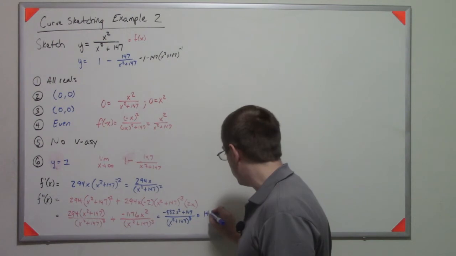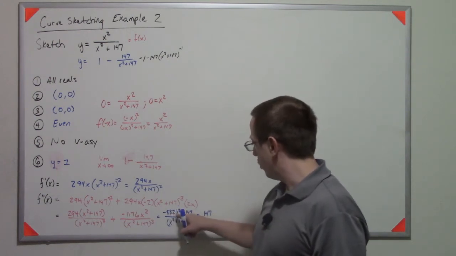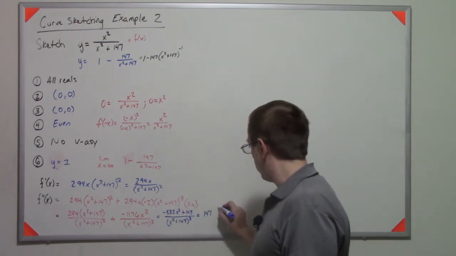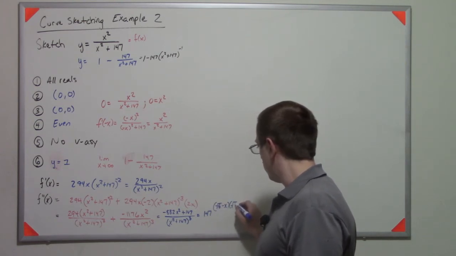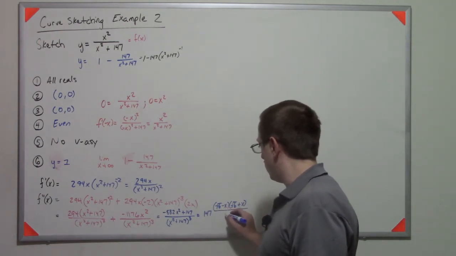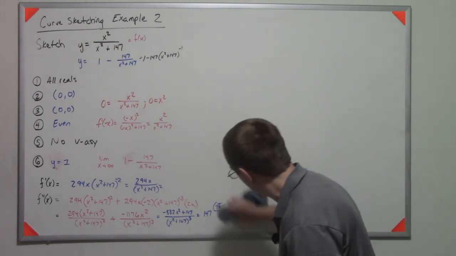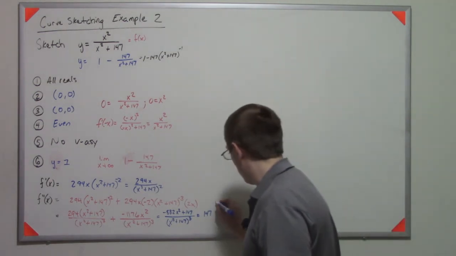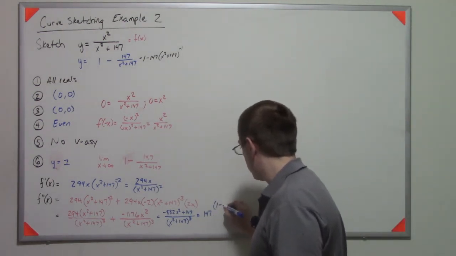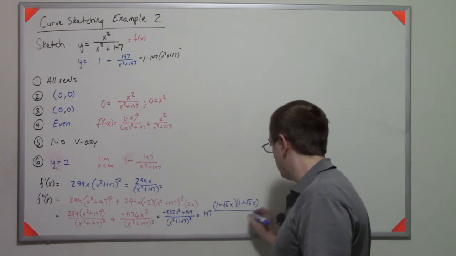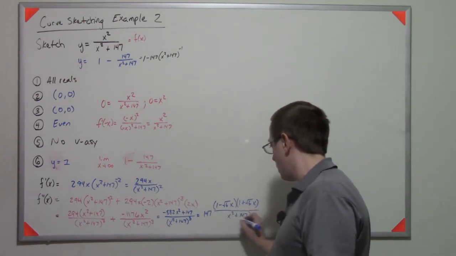We can pull out a 147, and I think it goes into that 6 times. So I apologize here, that's going to be 1 minus square root of 6 x, 1 plus square root of 6 x, over (x squared plus 147) cubed.